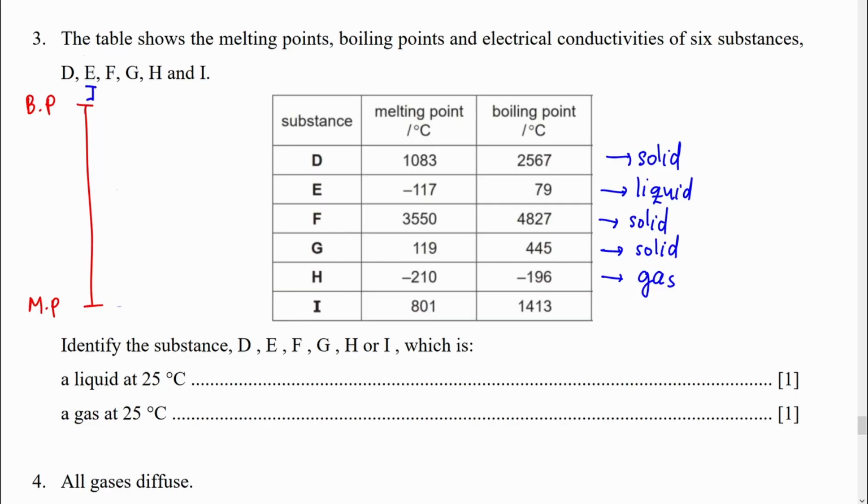For substance I, the boiling point here is 1413 and here is going to be 801. So where is 25? 25 is going to be below 801, which is below melting point. So that's why the state is going to be solid. So the question asking a liquid at 25, so the answer is E, while a gas at 25 is H.